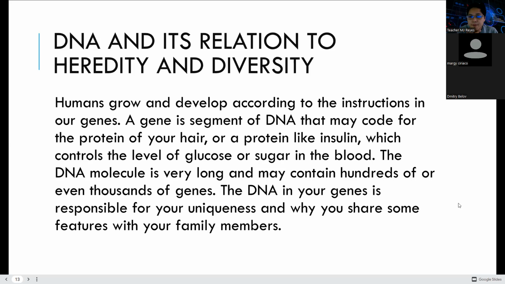Okay. The DNA in your genes is responsible for uniqueness and why you share some features with your family members. Just like, oh, you look like your dad, or you look like your lolo, your lola, and so on. This is because of the transfer of these genes through heredity.